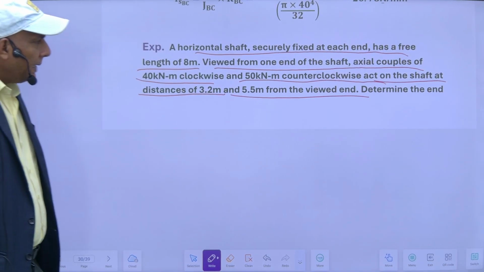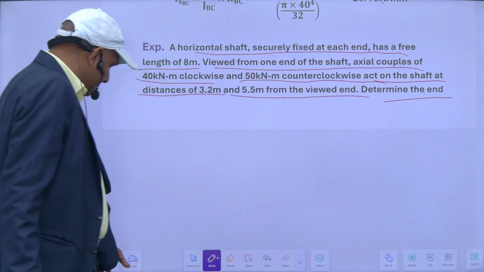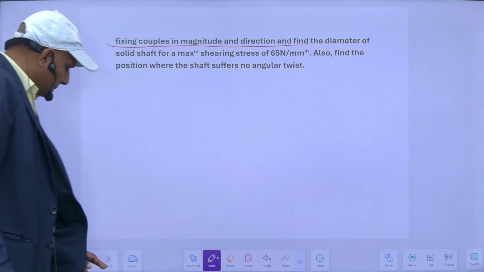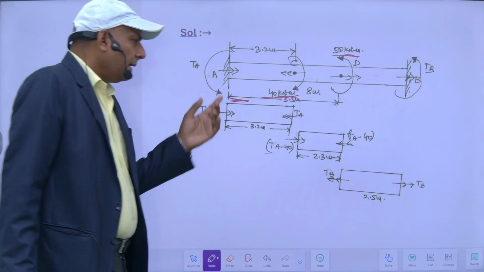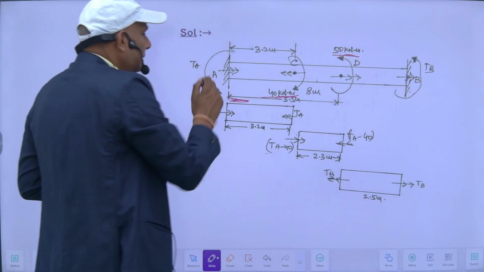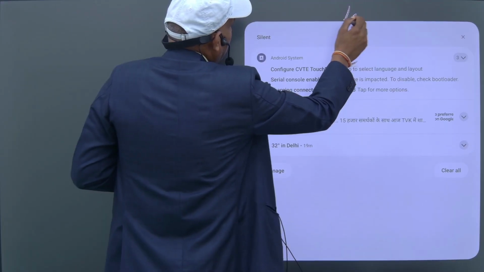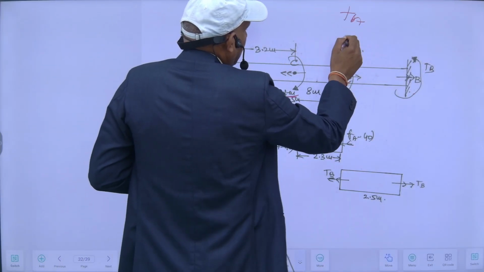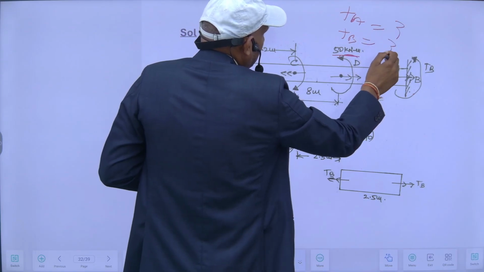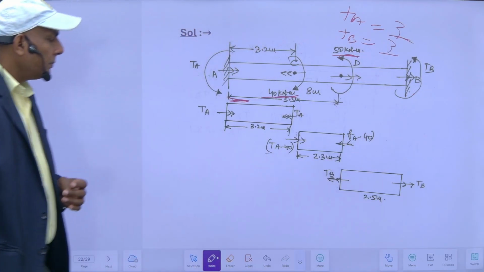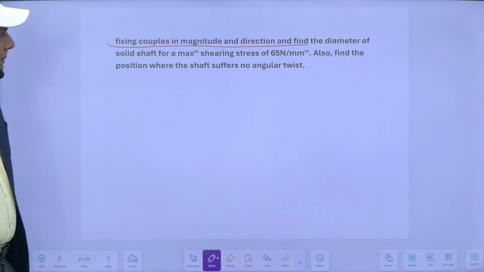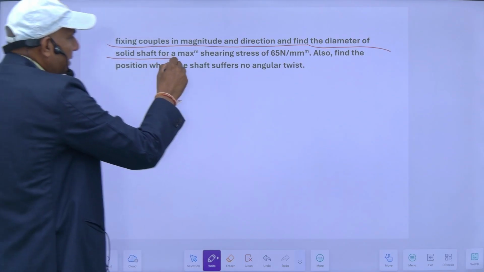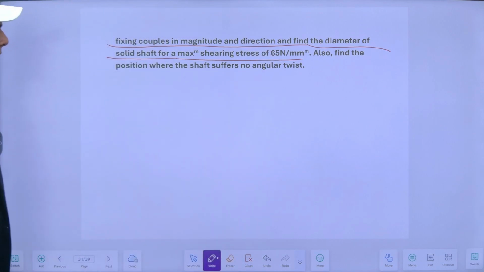So determine the end fixing couples in magnitude and directions. Means this TA and TB, resisting torques at B and A, TA is equal to and TB is equal to, they are to be calculated, and find the diameter of the solid shaft for a maximum shear stress of 65 Newton per mm square.